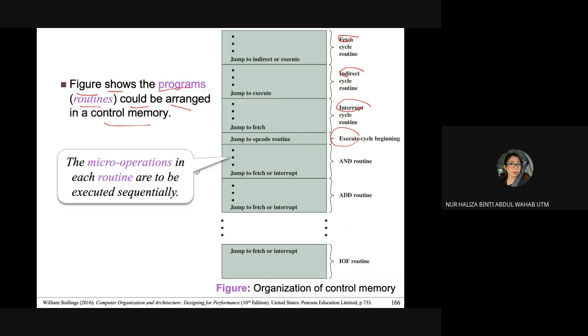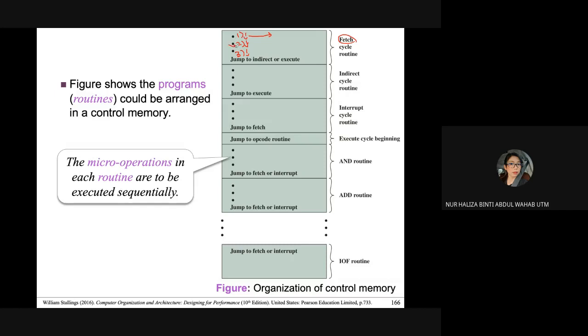And you can see the micro operations in each routine are to be executed sequentially. This is the important keyword, because you can see in fetch, if you have routine 1, routine 2, routine 3, and so on, you need to do it sequentially.